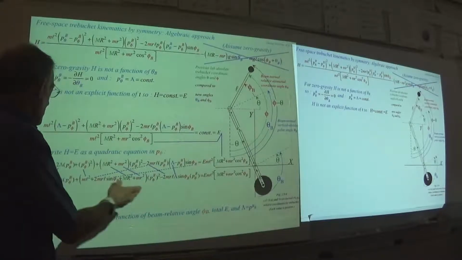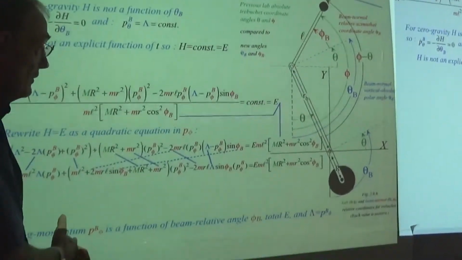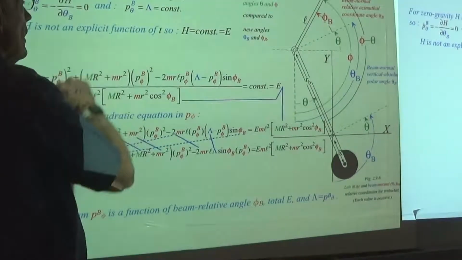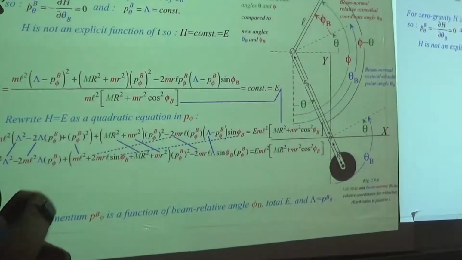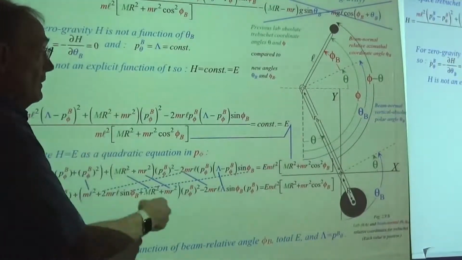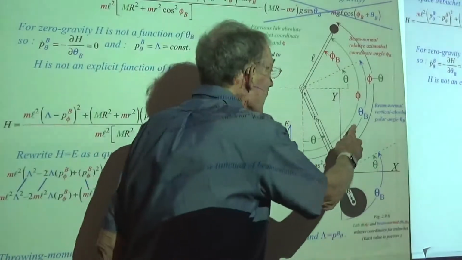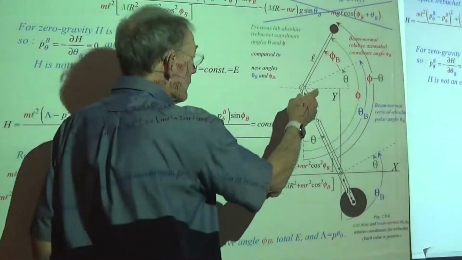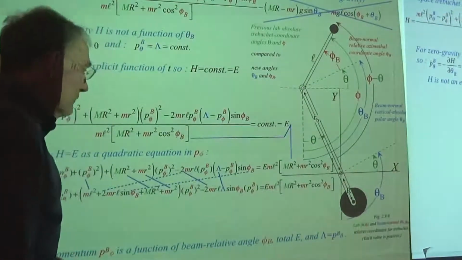We have to rearrange this into a quadratic equation. That's what's going on here. I stuck in the constant of the beam angular momentum, the thing that goes with the theta b right there.